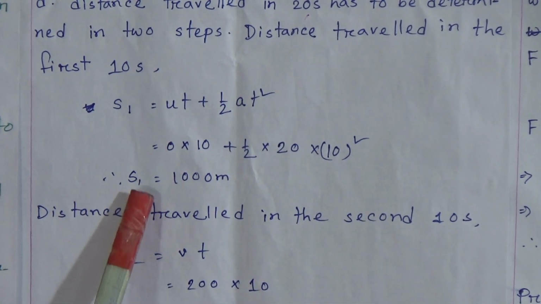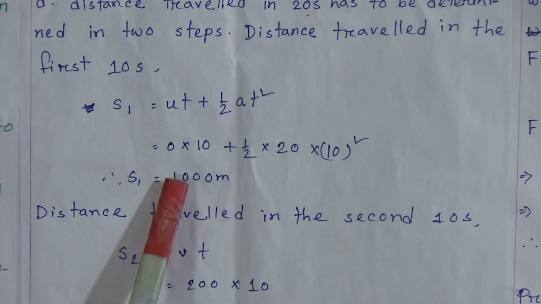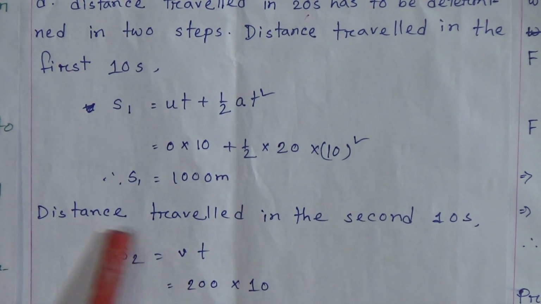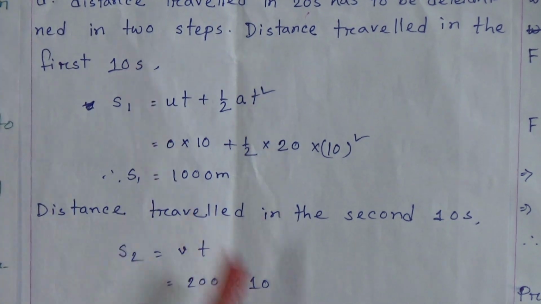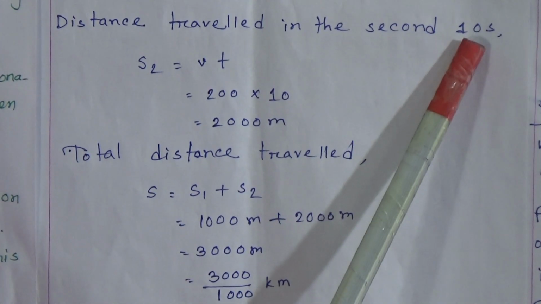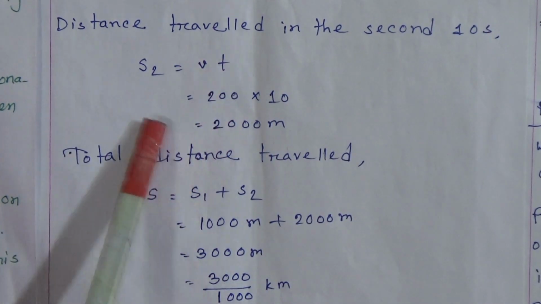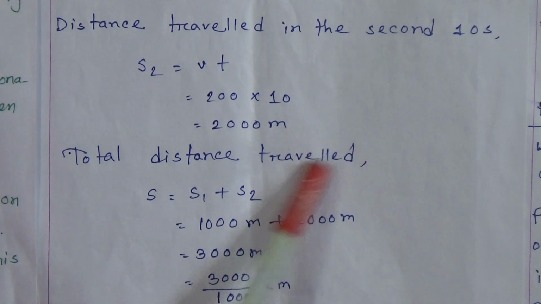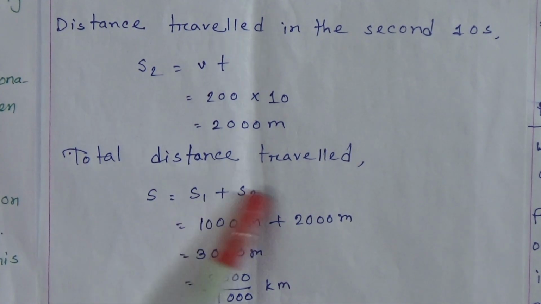So that means distance traveled in the first 10 seconds is 1000 meter, and distance traveled in the second 10 seconds, s2 equals vt, and we get v is 200 into 10 seconds, time t equals 10 seconds. So distance is 2000 meter, and the total distance we know s equals s1 plus s2.